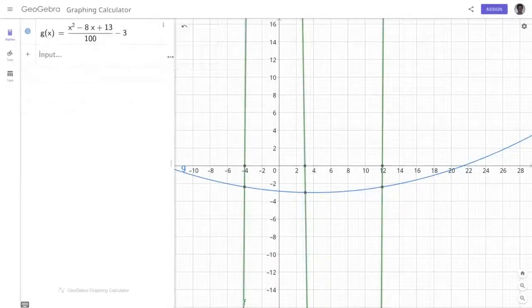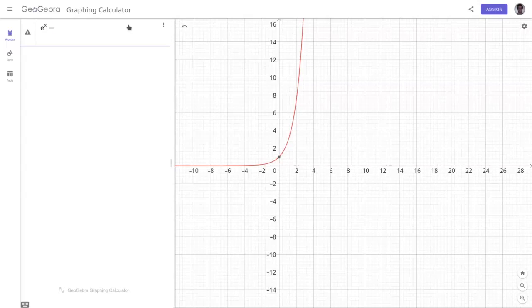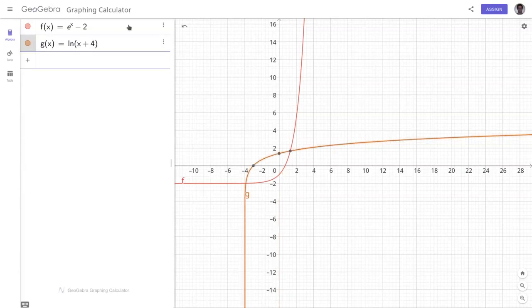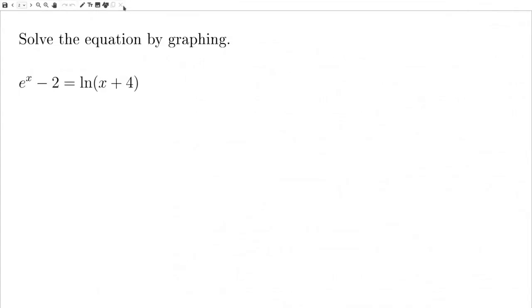So I'll replace these functions with e to the x minus 2 and natural log of x plus 4. And you see, just like before, I do get one of the intersections, no problem, 1.2995.